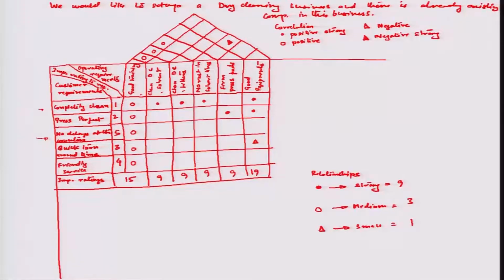So, then we talk about how we detect what are the levels of these different technical specifications, and we set up some kind of target values of doing inspection or checking of these different associated house about how to achieve the customer requirement. So, let us say we set up some target values here.